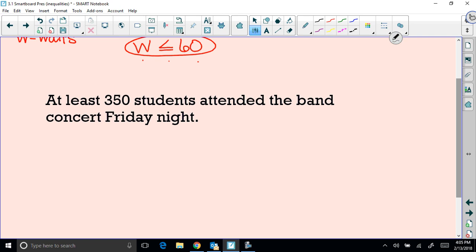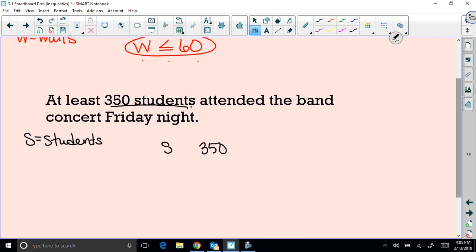Then here's the last one. At least 350 students attended the band concert Friday night. So I'm going to put S for students. And so once again, I'm going to write my variable first. I'm going to write the numerical value, which is 350, next. So at least 350 attended. So if at least that many attended, that means we had that many plus however many more came.